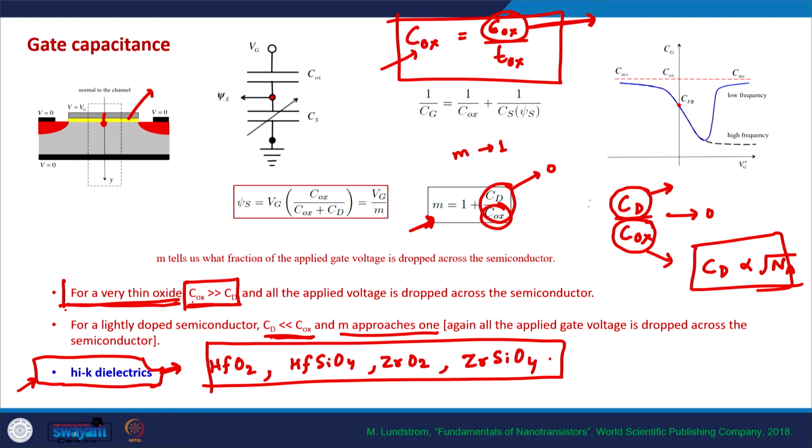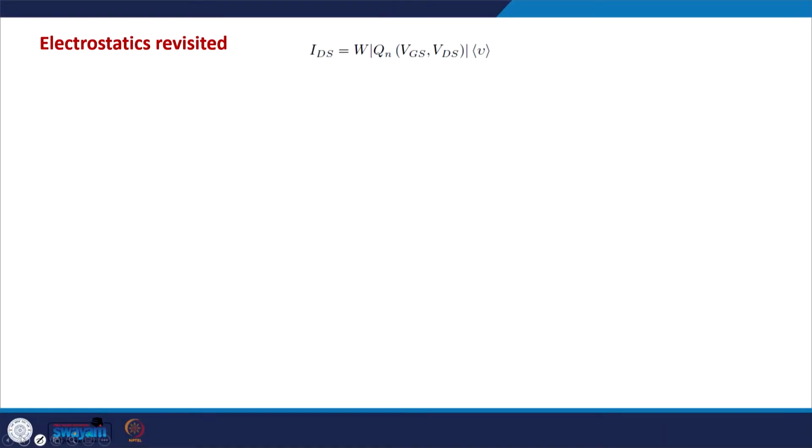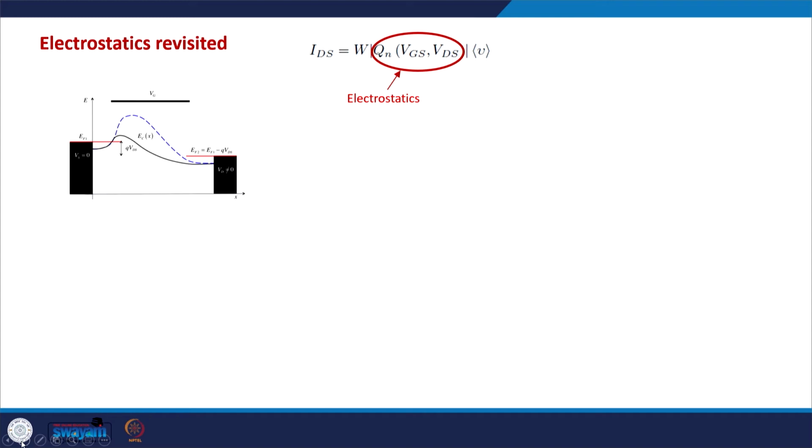electrostatics of the MOSFET, and a large part of this is also applicable to the nano MOSFETs. Okay. Now we will see the 2D electrostatics, actually how the electrostatics change in small MOSFETs. And again, just to quickly review, in electrostatics we are mainly concerned about the charge in the channel, which depends on both VGS and VDS.